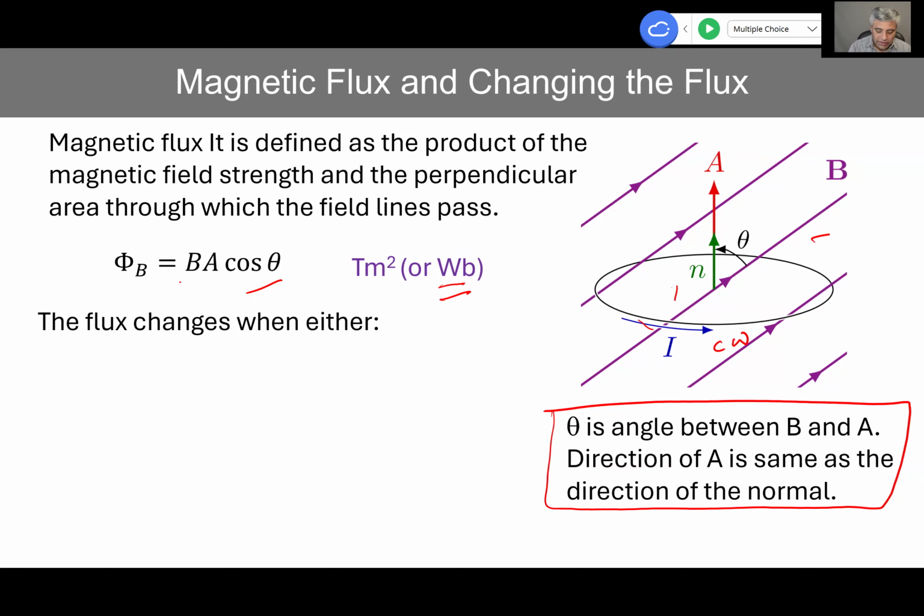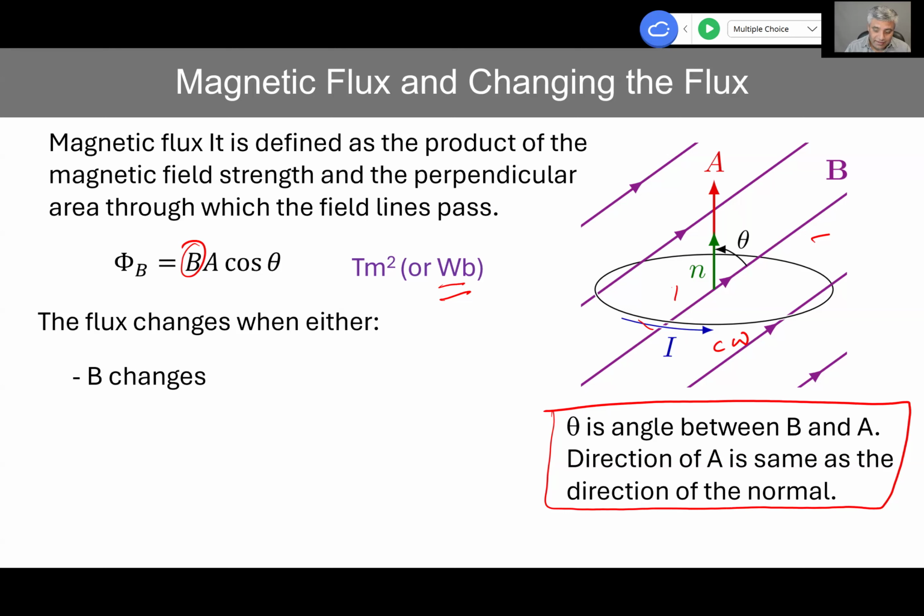Based on this equation, EMF is induced when flux is changing. If flux is not changing, EMF is not induced. So when does the flux change? Understanding that is important to know whether there's going to be any kind of induction or not. It depends on three things. If you change B, flux is going to change.